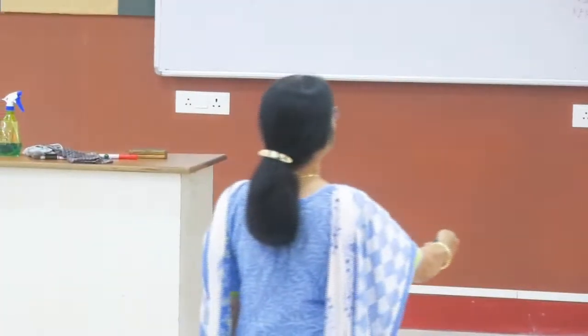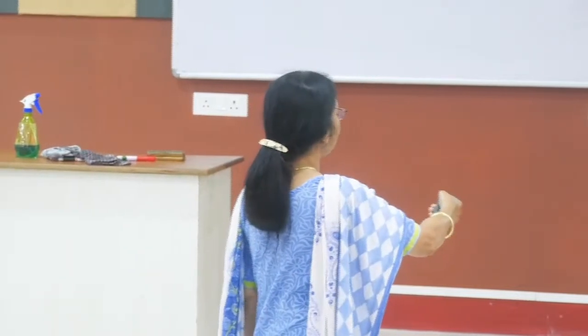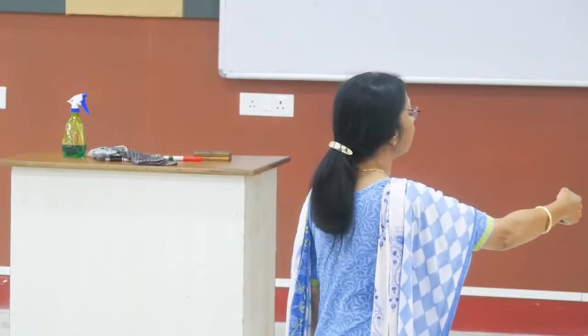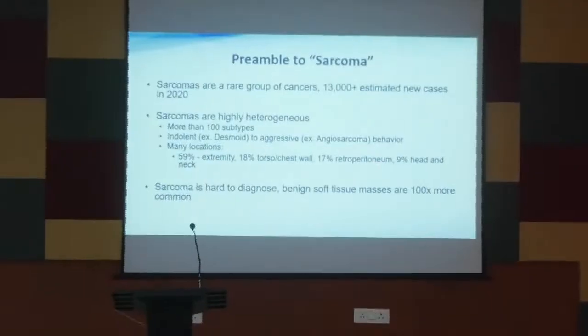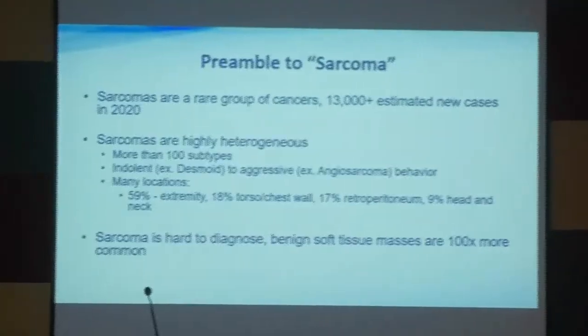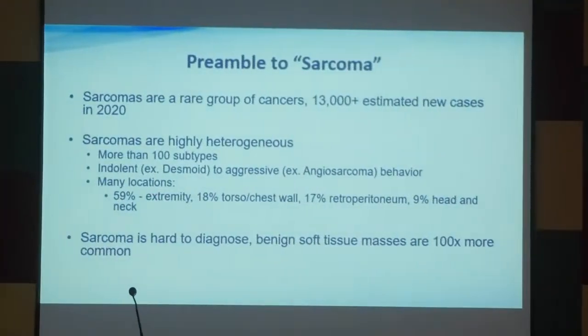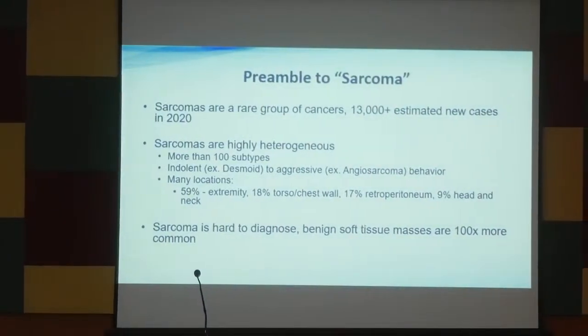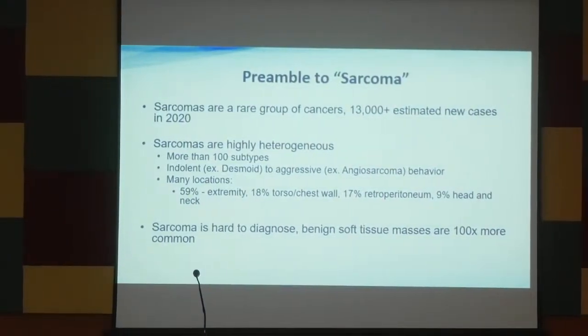We will see how the diagnosis is being done. Sarcomas occur in many locations. 59% are in the extremities, and 17% are in the retroperitoneum. Those you will see, such as glomus tumor and Ewing sarcoma, are around the knee.